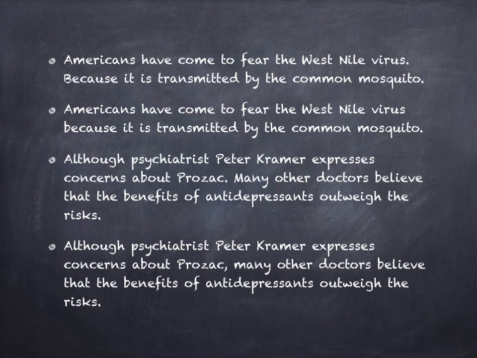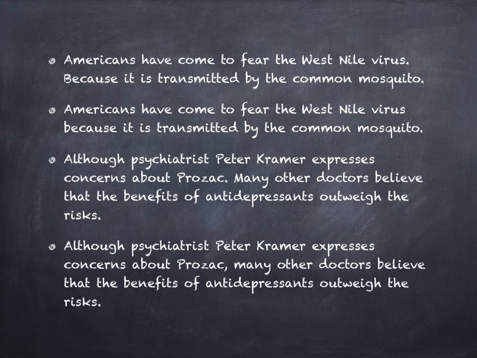Here are some examples. Americans have come to fear the West Nile virus because it is transmitted by the common mosquito. The part "because it is transmitted by the common mosquito" is set up to be an independent sentence, but the word "because" sets it up with a condition to follow, therefore it cannot stand alone.